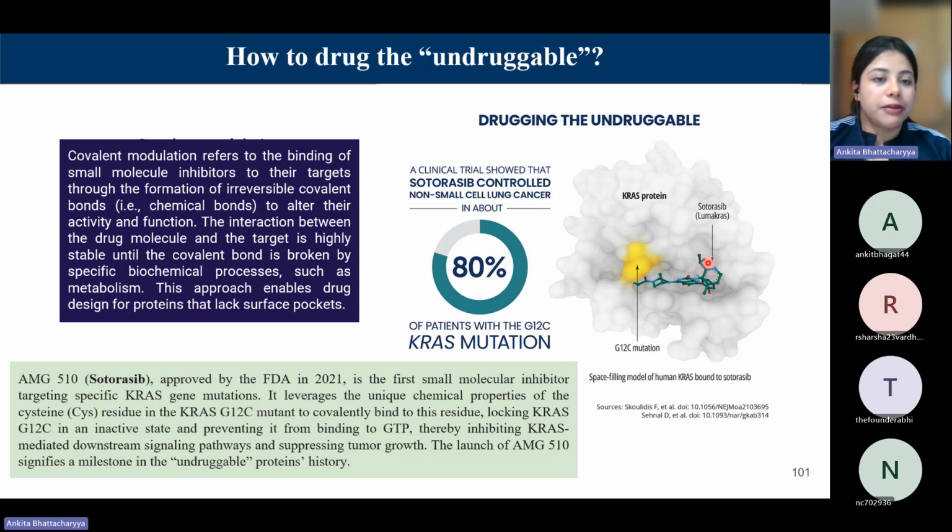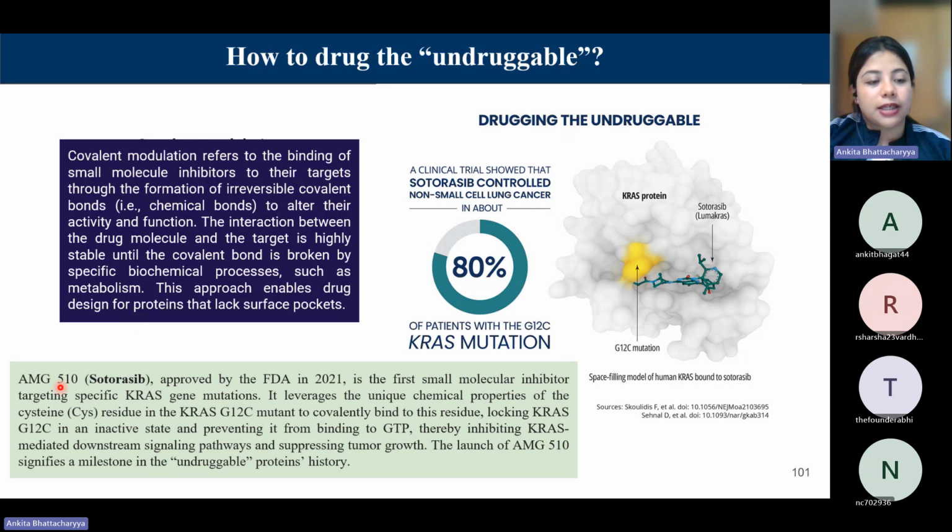This had remained a challenge for a very long time. If you go back to the paper where people first figured out that KRAS is a major troublemaker in non-small cell lung cancer, from that time till as recent as 2021, this is how long it has taken to target a protein as promising and as important as this.